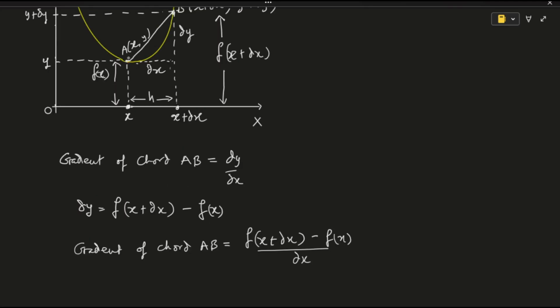Now, if we are to assume that the point A is fixed and the small increment dx reduces, in other words, h decreases, then it is going to affect the gradient of the chord AB.